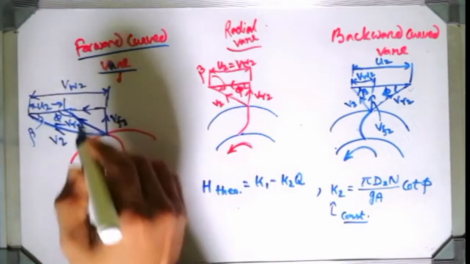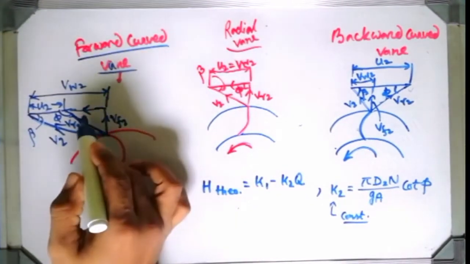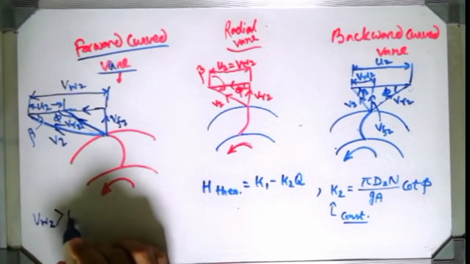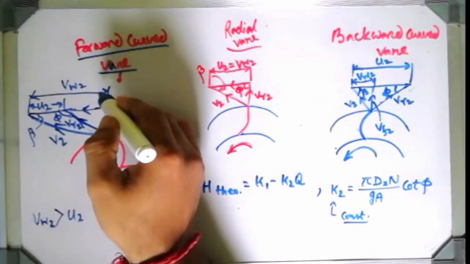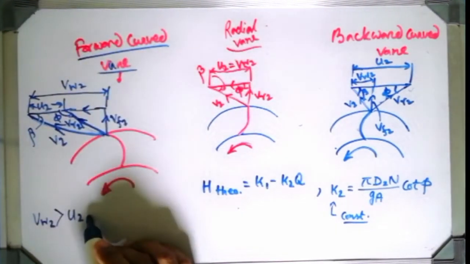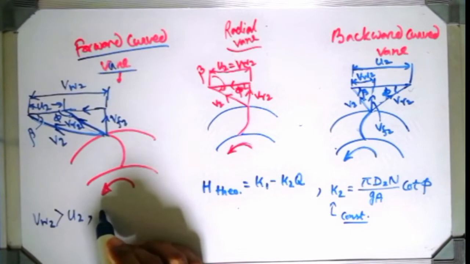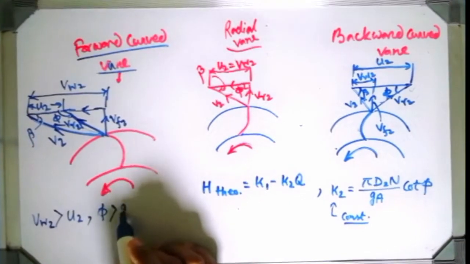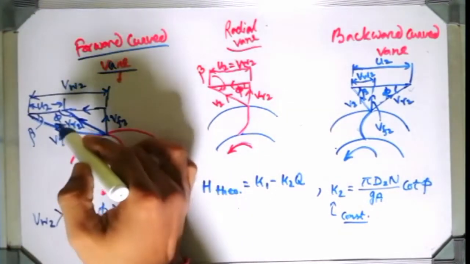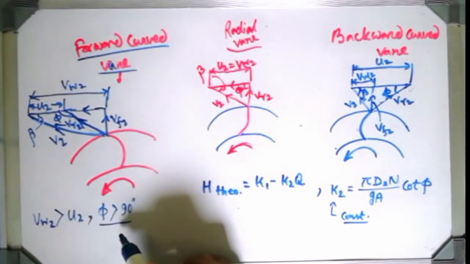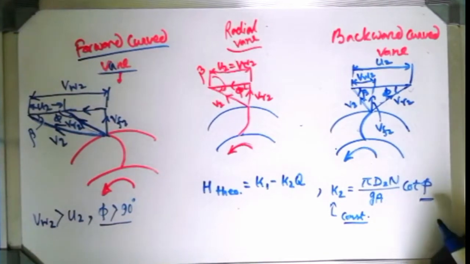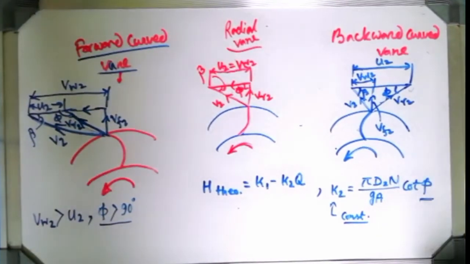See, for this forward curved vane, you can see in the diagram VW2 here is greater than U2. That means the tangential velocity component of V2 is greater than U2. And the phi value is greater than 90 degrees, that means an obtuse angle is there. If you put a phi value greater than 90 degrees over here, then what will be the cot of that?